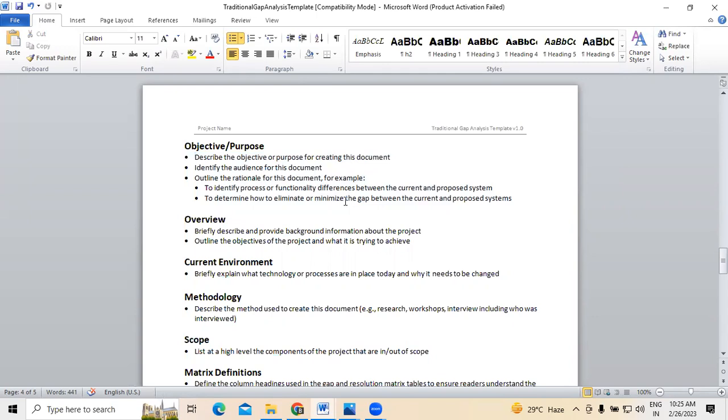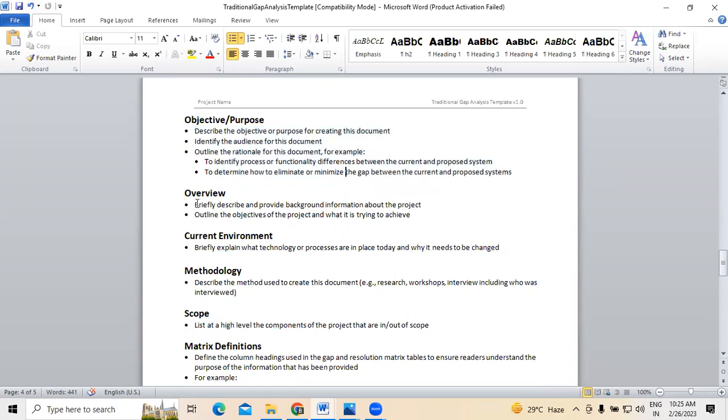Those objectives and purposes have to be mentioned here. Followed by this, you write the overview of the project, followed by the outline objectives. Outlines means the high-level objectives we identified based on the interaction we had with multiple stakeholders. That overview has to be mentioned here equally.